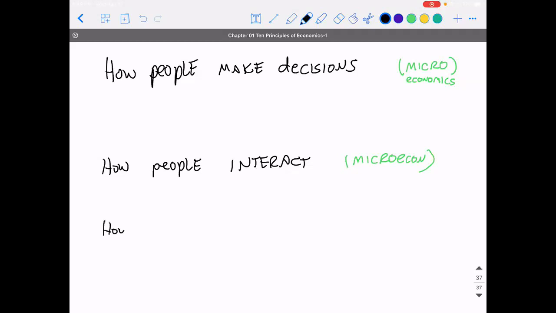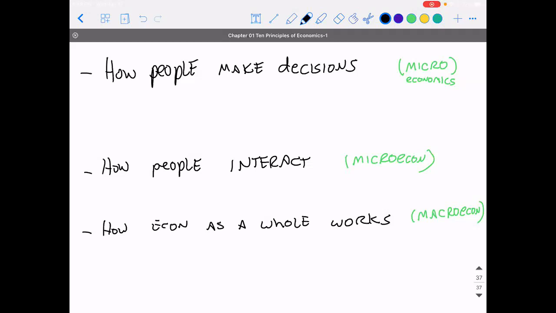And then also how the economy as a whole works, which is obviously, I shouldn't say obviously because it's not obvious, but that would be more macroeconomics, which is the focus of this course, Econ 131. So out of these 3 big ideas, this is how Mankiw organizes his 10 concepts.